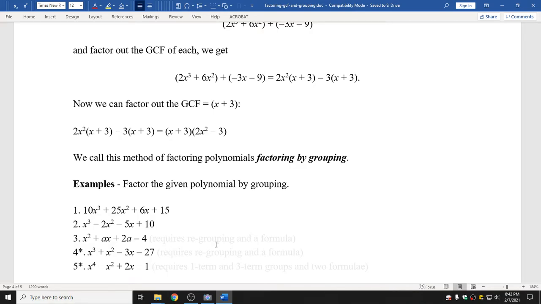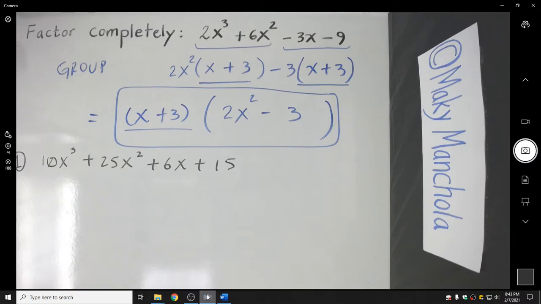Number 1, 10x cubed plus 25x squared plus 6x plus 15. So here we have 4 terms. We're going to try a similar approach.